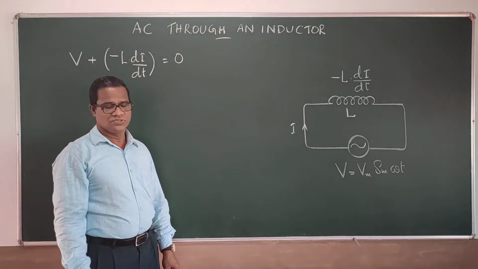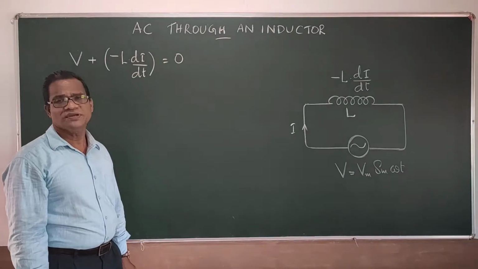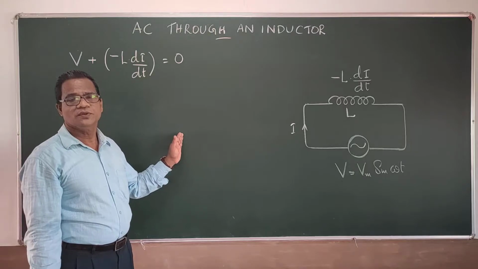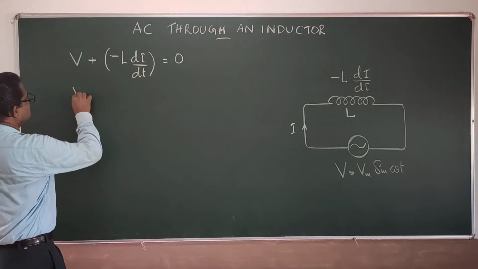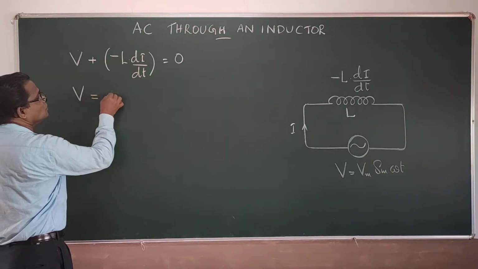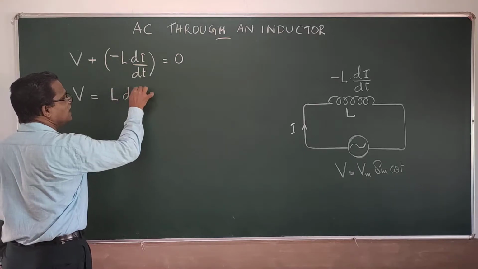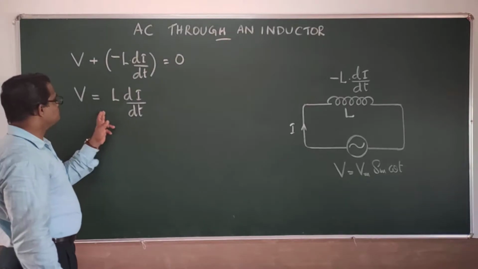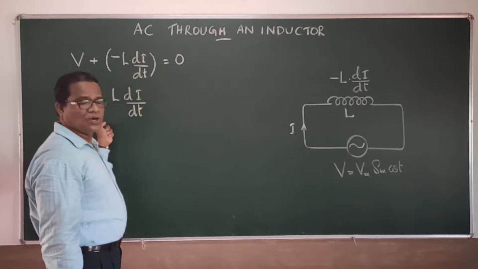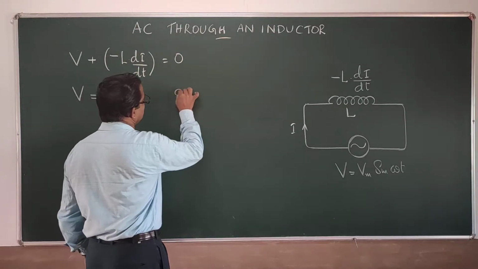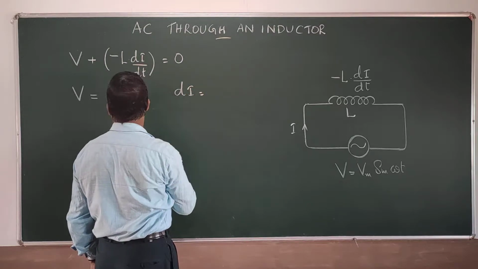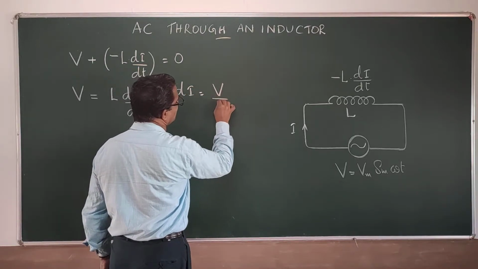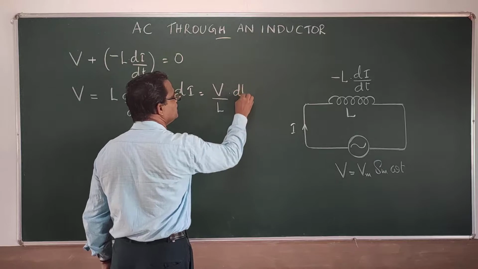Then V equals L into di by dt. From this you can get di and also I. So di will be equal to V by L into dt.